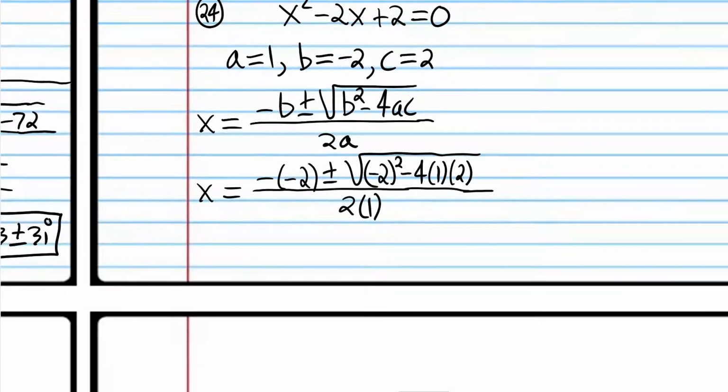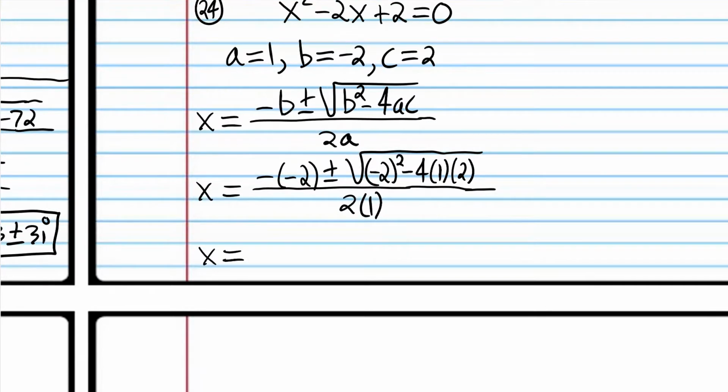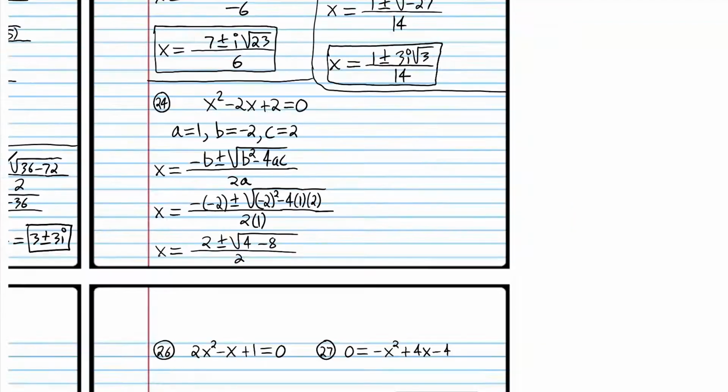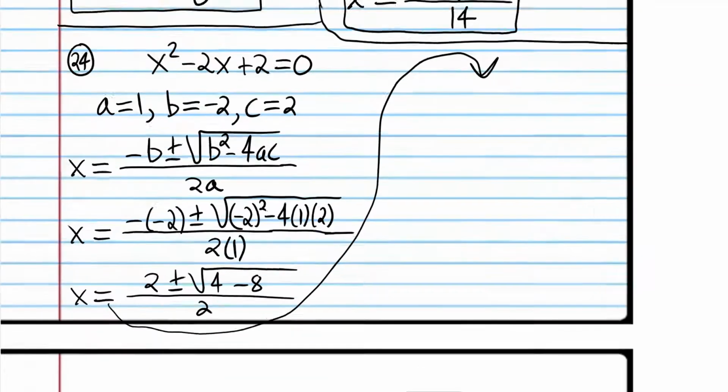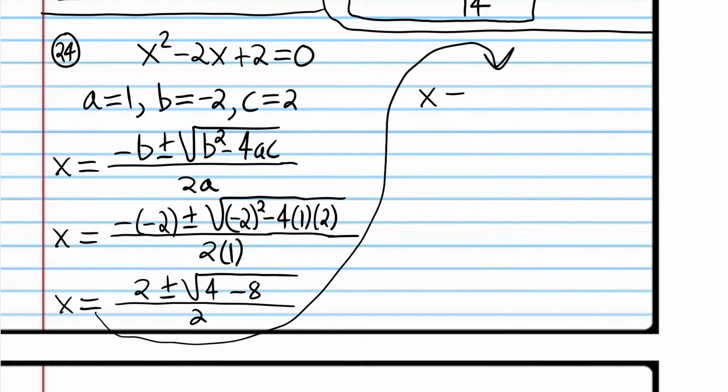And now we just have to simplify. And you can see that we're going to have a negative inside the root. And we get negative 4.